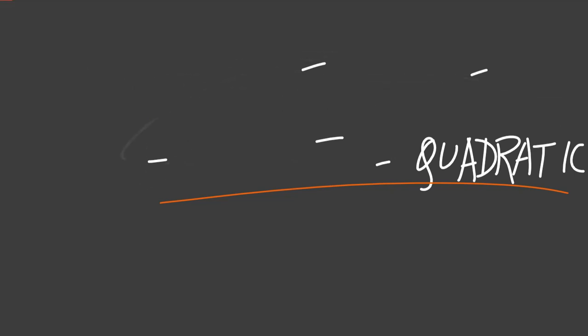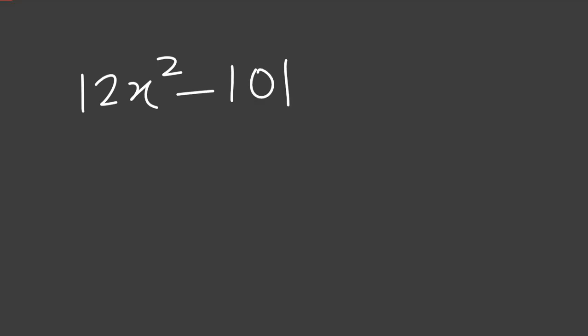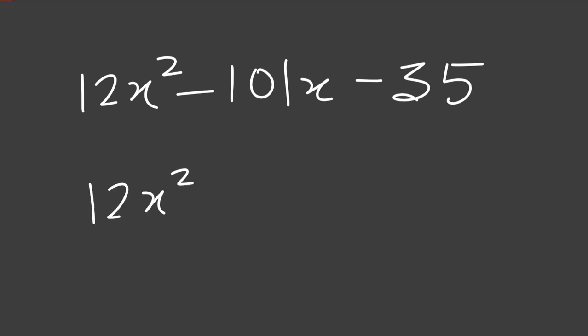The first one is 12x square minus 101x minus 35, and the second one is 12x square minus 43x plus 35.